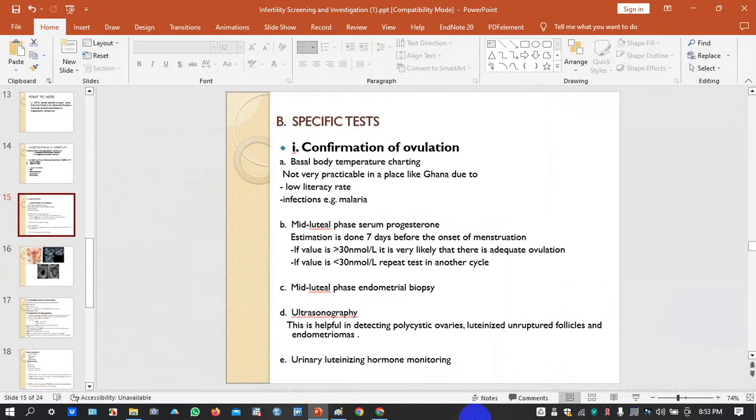And also, like I said, luteinized unruptured follicles. If your follicles are not able to rupture and they become filled with lipid, that's luteinized, then they cannot ovulate. Endometriosis. Endometriosis is what? The endometrial tissue can go and attach to your kidney, your heart, or liver, or anywhere.